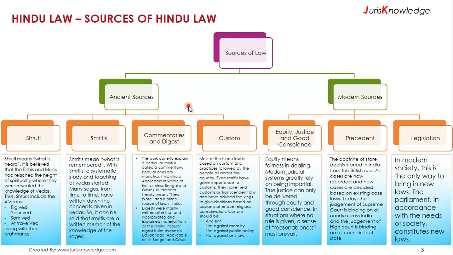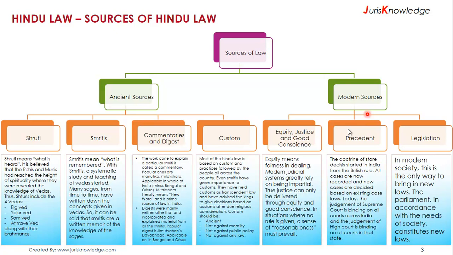Let's have a look at the sources of Hindu law. Sources of Hindu law can be divided into ancient sources and modern sources. Ancient sources are further subcategorized into Shrutis, Smritis, commentaries and digests, and customs.